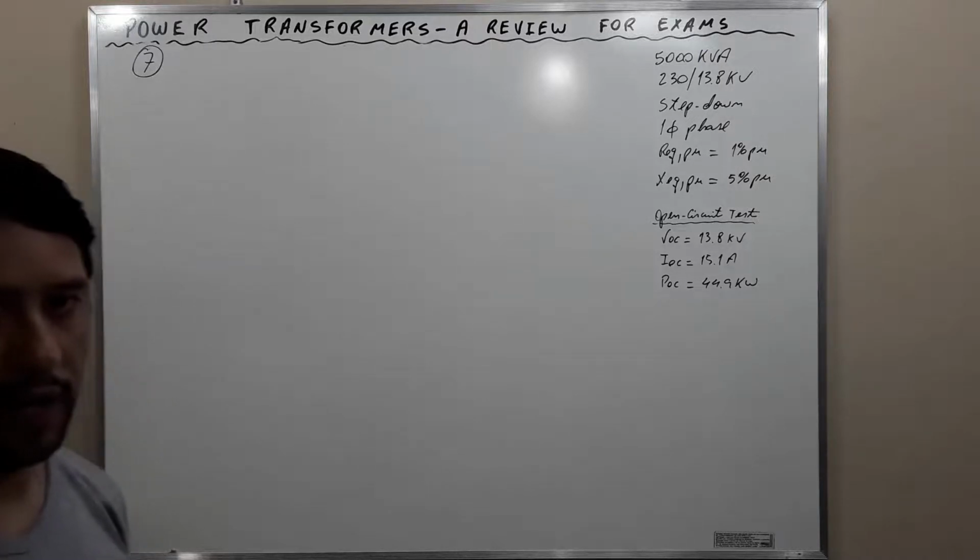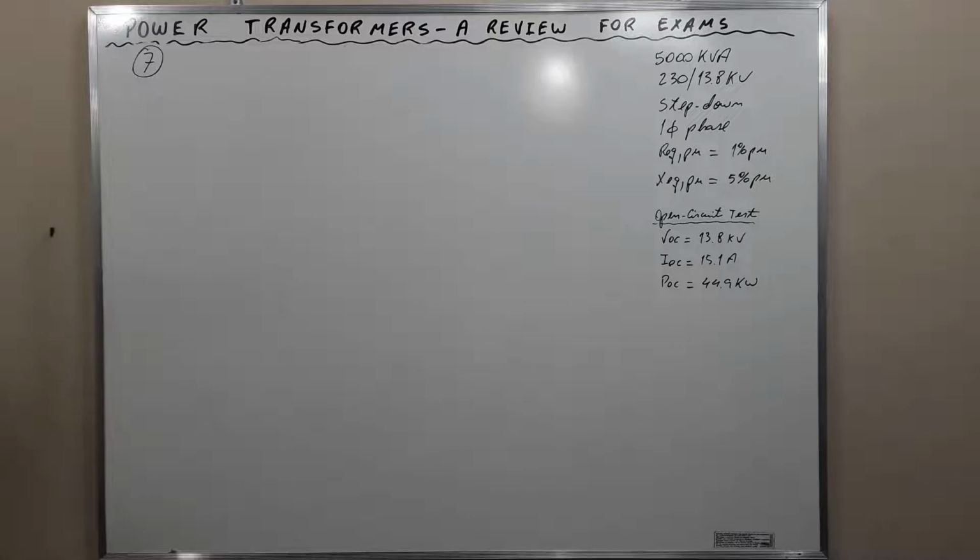With this data, letter A, find the equivalent circuit referred to the low voltage side, and letter B, if the voltage on the secondary side is 13.8 kV and the power supplied is 4000 kilowatts at 0.8 lagging power factor, find the voltage regulation and the efficiency.